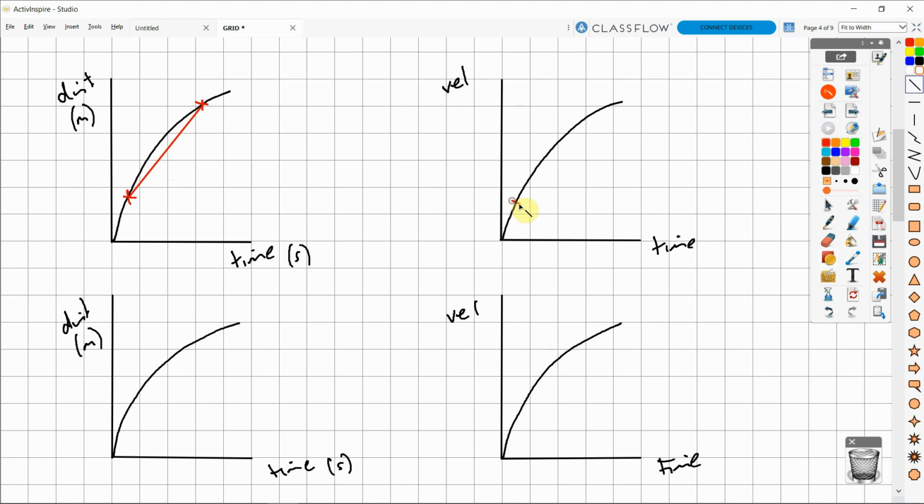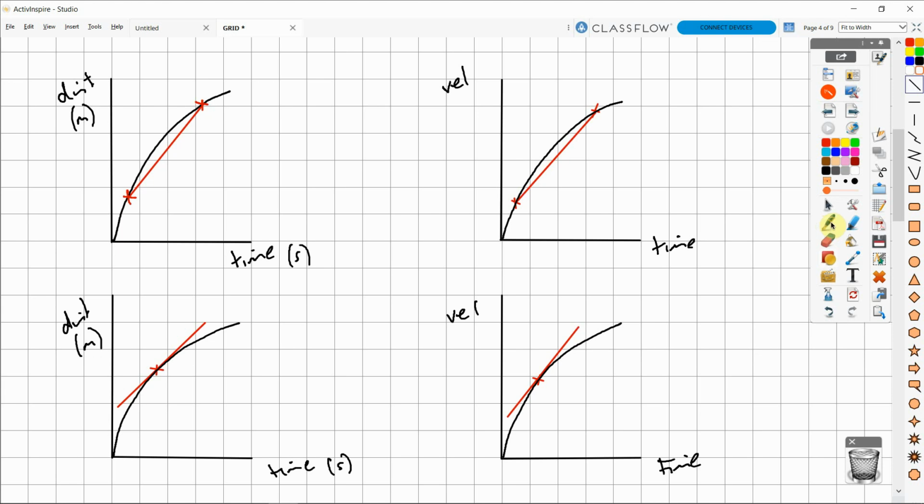And that will actually be the same over here. If you want an average, you work with a chord. But if instead you want not an average, but an instantaneous value at one particular time, then instead you use a tangent. And similarly here, if you wanted an instantaneous value at a particular time, you use a tangent.